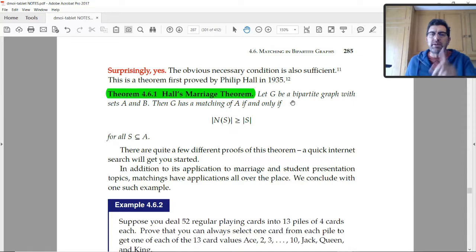Okay, so let G be a bipartite graph. That's the first condition. With sets A and B. Then G has a matching of A if and only if, a biconditional statement, the neighborhood of S, where S is a subset of A, is at least as big as S. So the cardinality of the neighborhood is at least the same as the cardinality of the subset that we are choosing from.